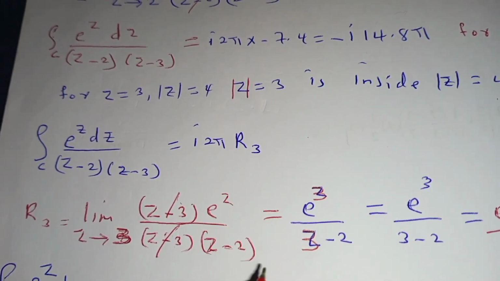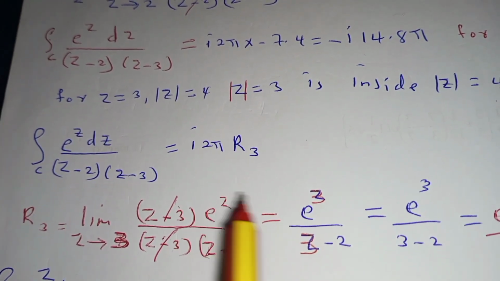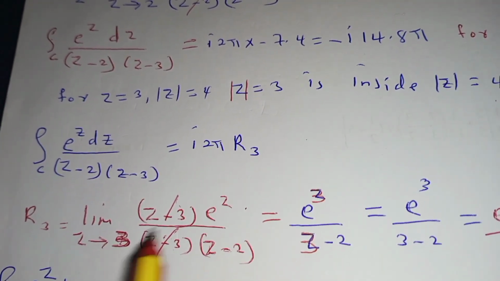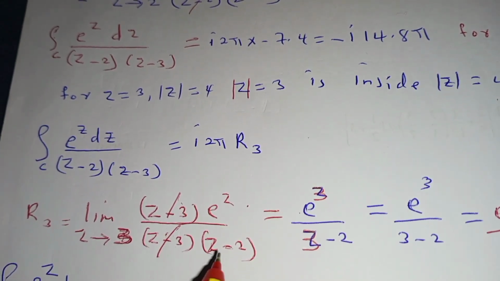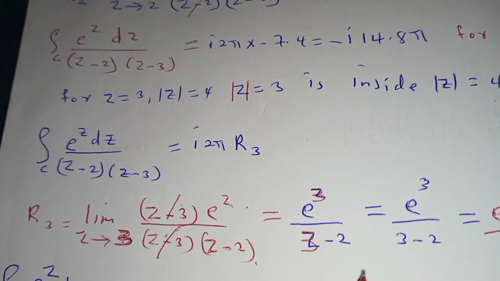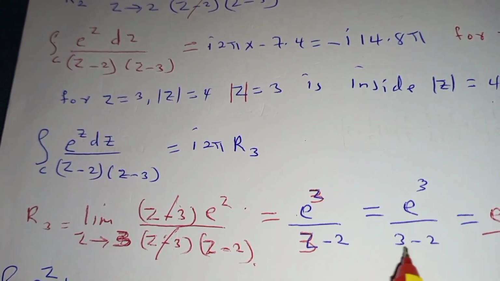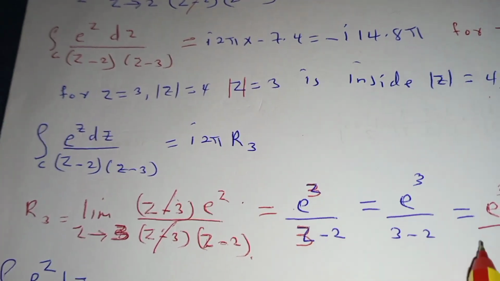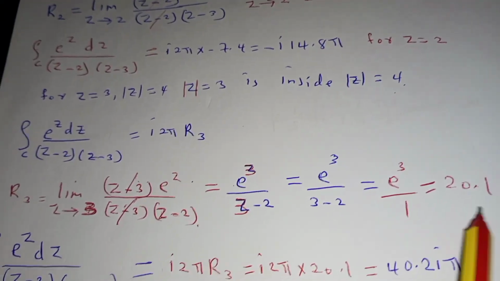Then you are left with the exponential z. Where you have z, you substitute it with the 3, divided by 3 minus 2, which is exponential 3. Exponential 3 is approximately equal to 20.1.